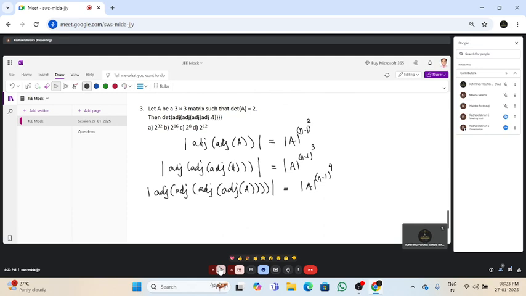Det A to the power of n minus 1 to the power of 4. எவ்வளோ adj இருக்கோ அவ்வளோ. This is what is the formula. So apply that.